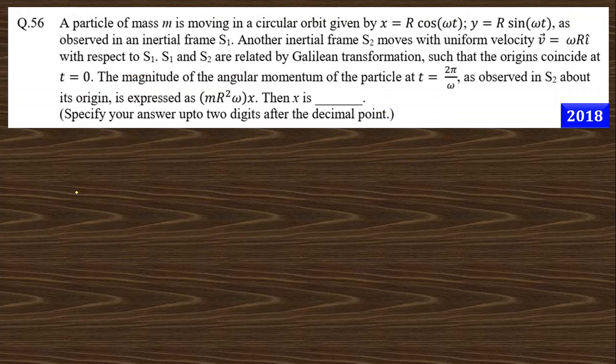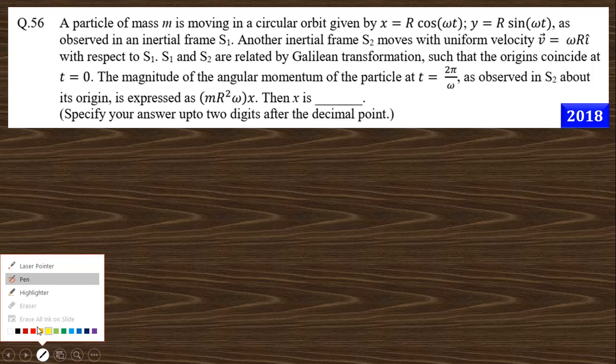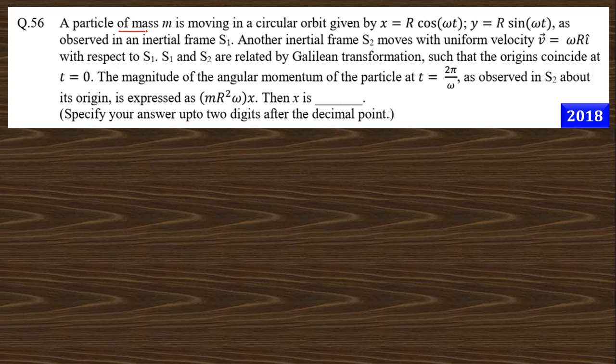Go to the next one, which says that a particle of mass m is moving in a circular orbit given by x equal to this. This is the equation of the particle in the inertial frame. Another inertial frame moves with uniform velocity like that.